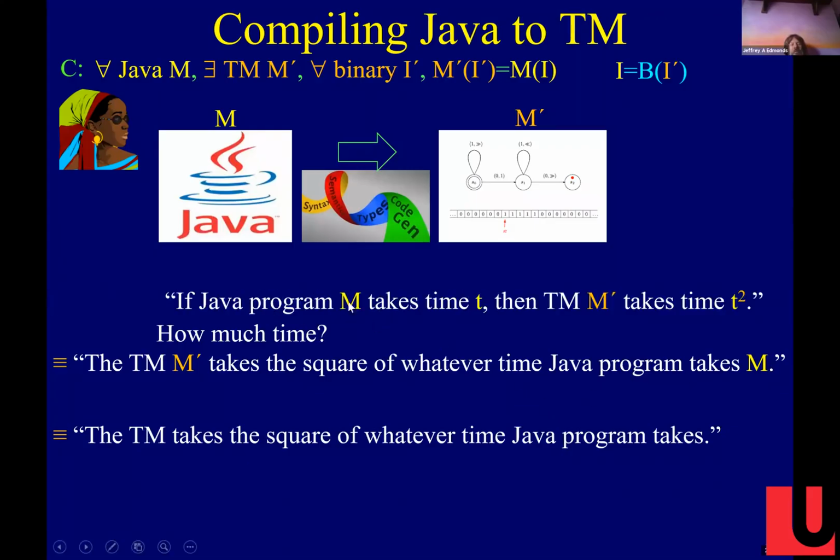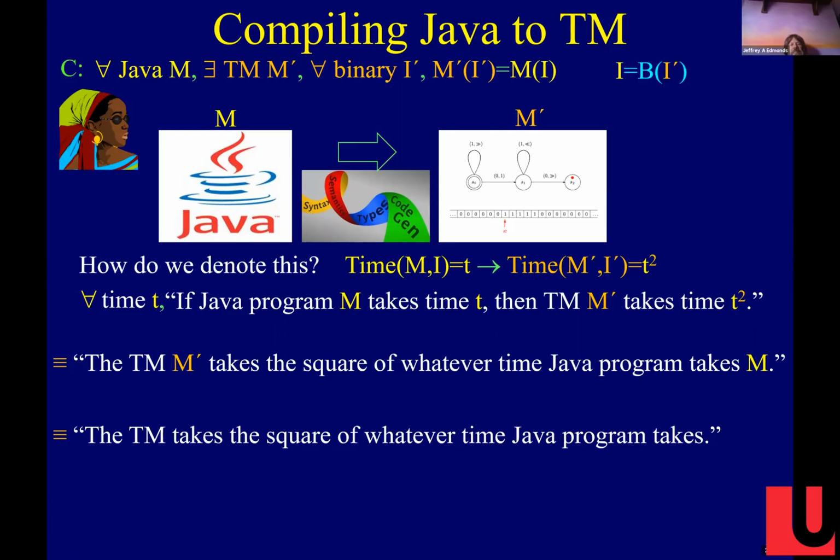If the Java program takes T time, then the Turing machine takes T squared time, for any time T.